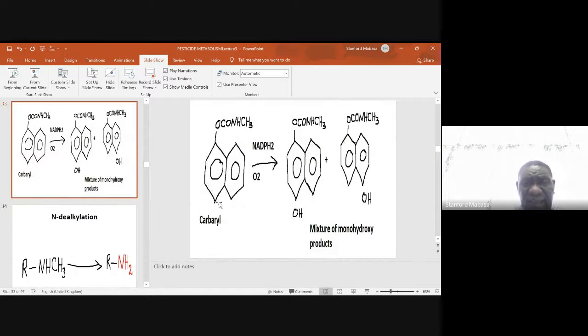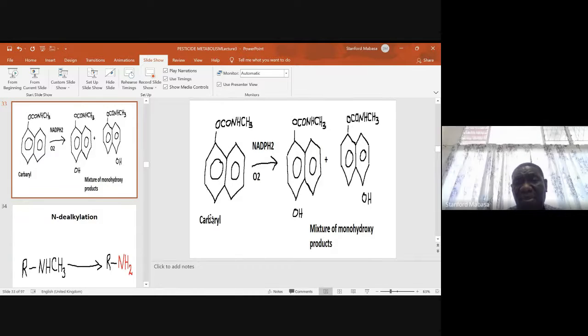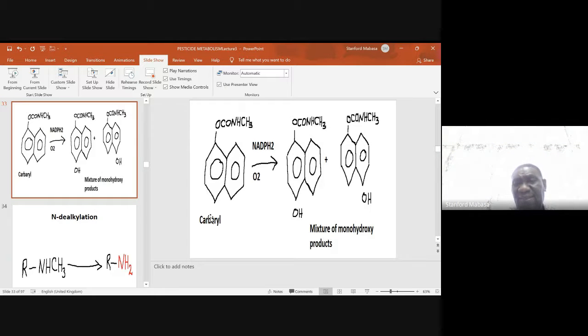Carbaryl is an insecticide. It can also be hydroxylated. You can see this is the molecule of carbaryl. After hydroxylation, through the influence of cytochrome P450, we can add OH either here or there.